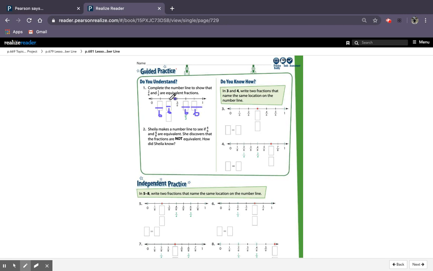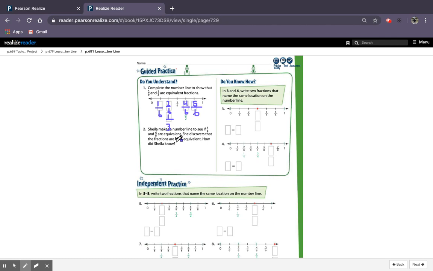And this is 3/6. So this is 2/6, 1/6, 4, and 5. And then underneath this is 2/3. So what comes before 2? 1. So there's 1/3. So it's just filling in the blanks to show that these two are equivalent. And they already have the boxes lined up perfectly for you. So all you have to do is fill in the numbers.